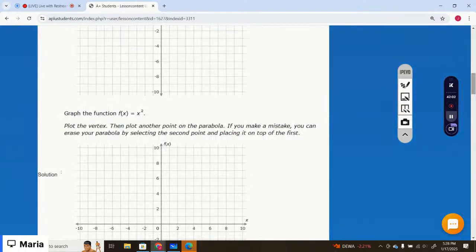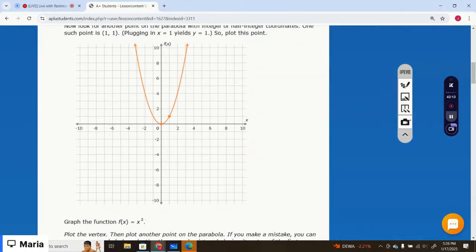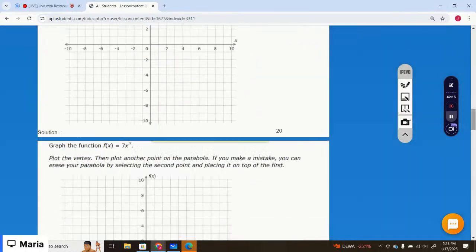So then the vertex of the graph is at the origin, right? So let's just put any value of x when x equals 1, y is also 1.